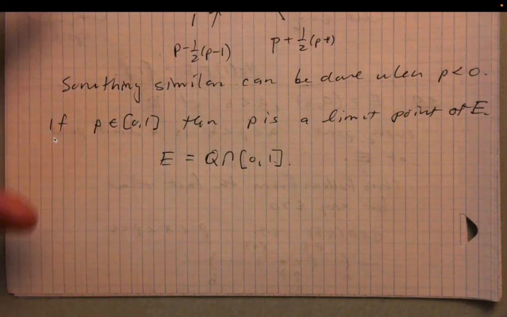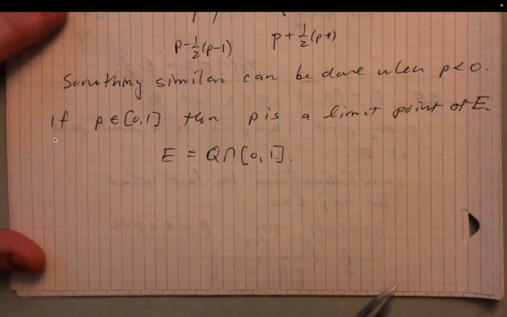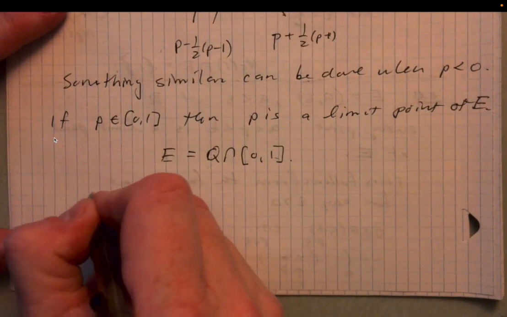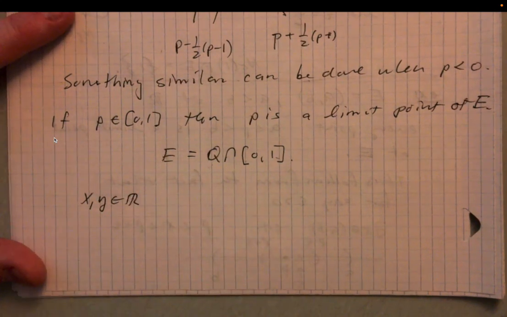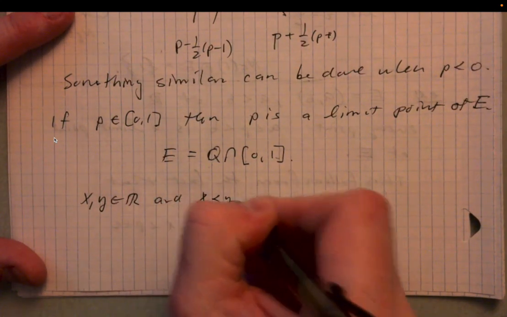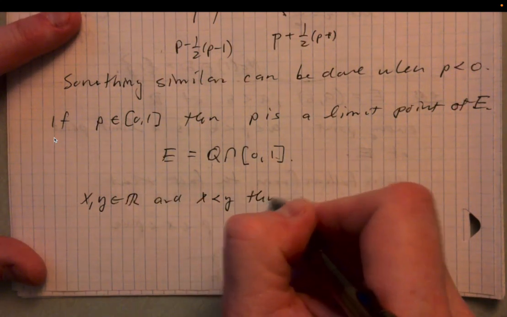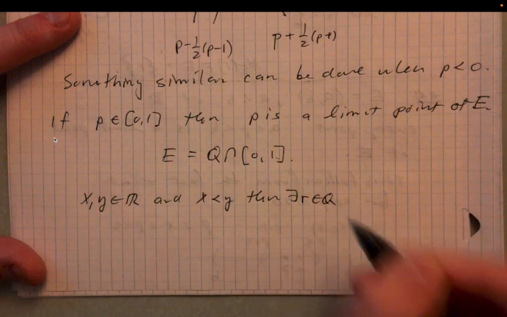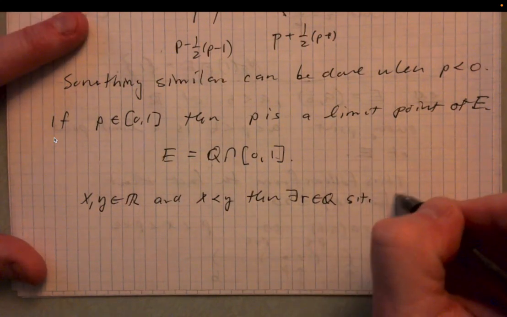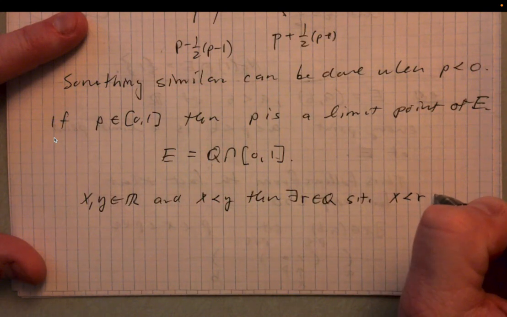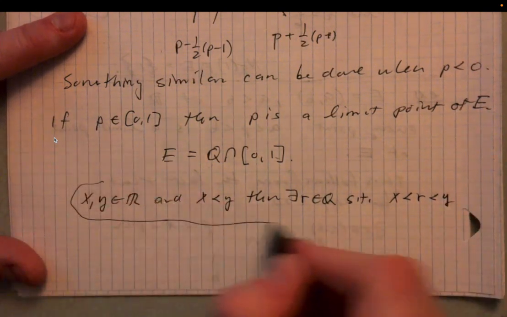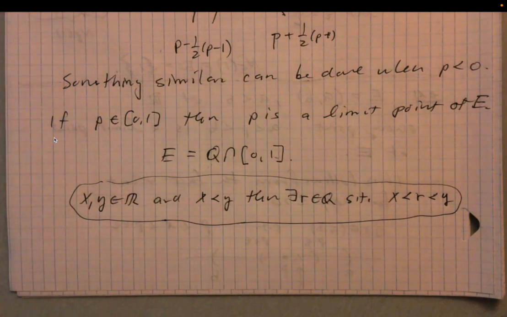And if you recall back to the early lectures of the class, we had a theorem that said if x and y are real numbers, and if x is less than y, then there exists a rational number such that x is less than the rational number, which is less than y. So basically, for any two real numbers, there's a rational number between them. No matter how close x and y are, you're always going to be able to find a rational number to fit in between them. And so that's the basis for why everything in that interval must be a limit point.